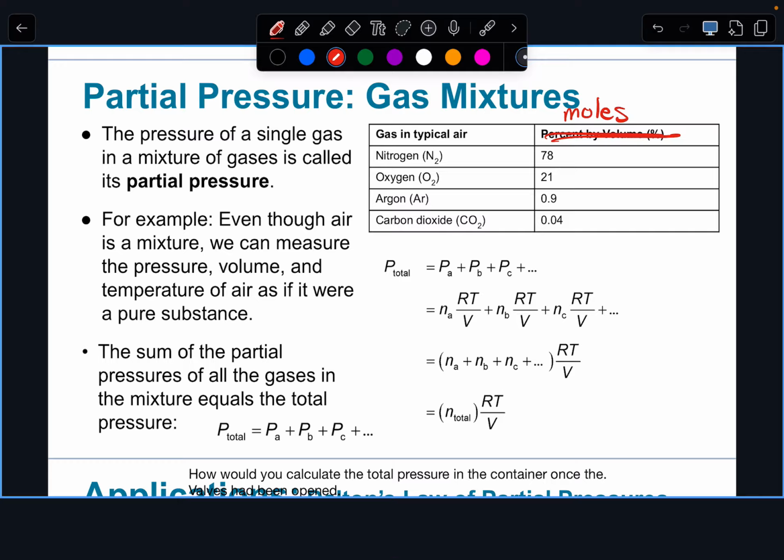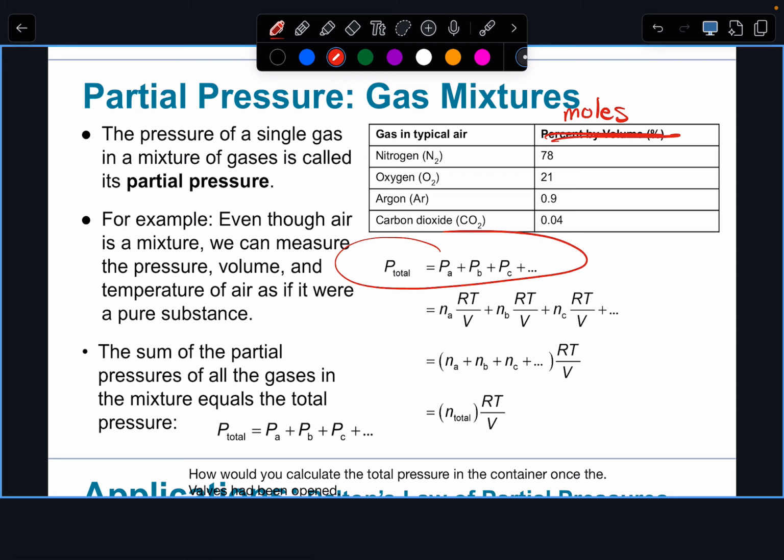All right, so if I have this idea of Dalton's law, total pressure equals the individual pressures. If I know temperature and volume, what I can do, because remember, temperature and volume would not be different for each of these gases in a mixture.